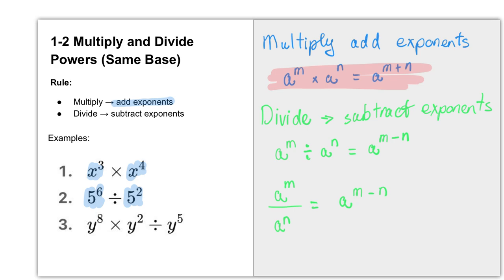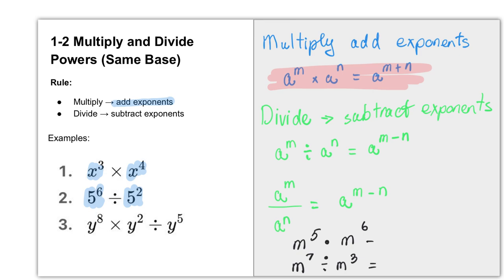All right, so if you want another example, go ahead and work on this example, which will be m raised to the 5th power times m raised to the 6th power, and then m raised to the 7th power divided by m raised to the 3rd power.